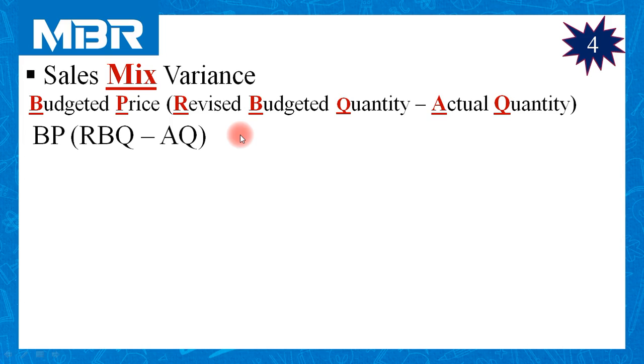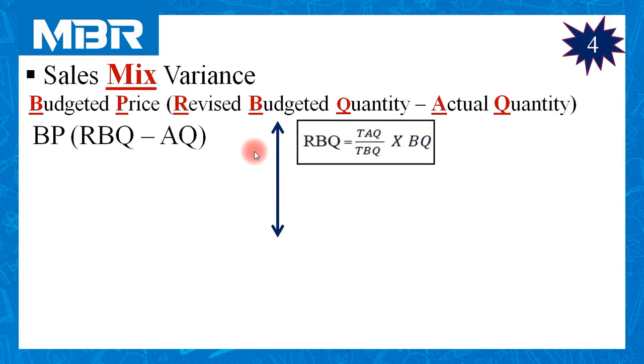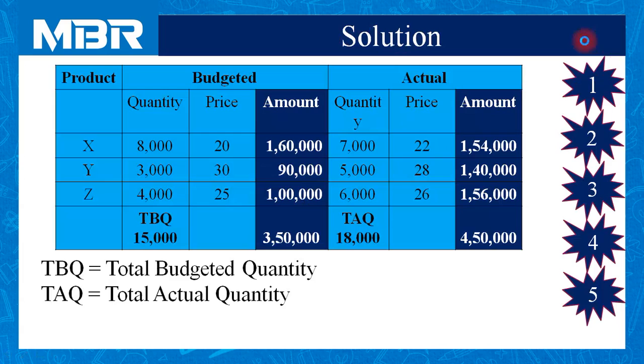Before starting the solution related to mix variance, let us calculate revised budgeted quantity. Let us refer to the question first. Our total budgeted quantity, that is TBQ, is 15,000 units. Total actual quantity, that is TAQ, is 18,000 units.